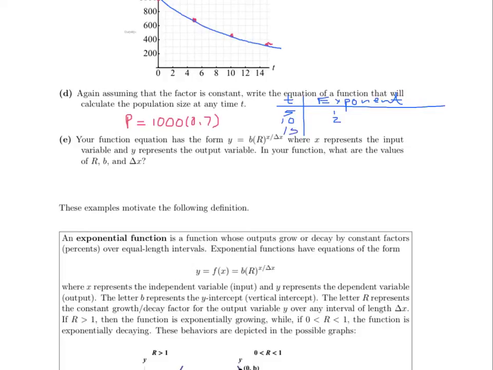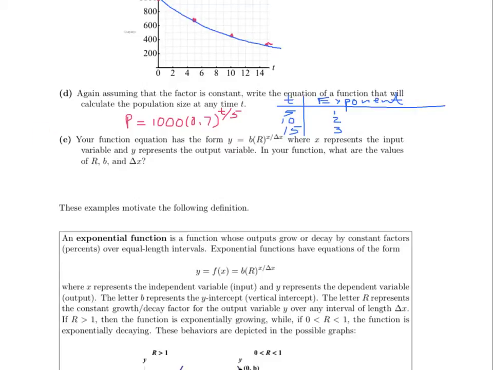And when we went out 15 years, we found that our exponent was 3. Well, notice that we can always figure out our exponent by taking whatever time we're talking about and dividing it by 5. In other words, if I divide these numbers by 5, I arrive at the correct exponent. So if I want to calculate the population at time t, the necessary exponent is going to be whatever that time is divided by 5.